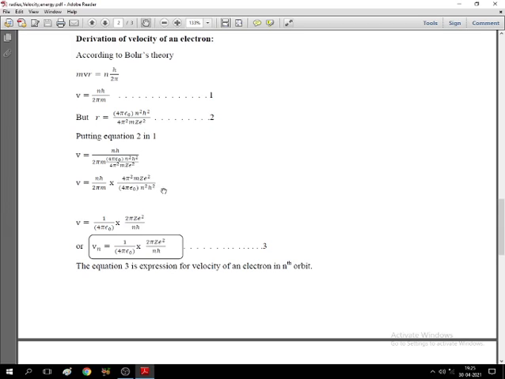आता इथं काय कॅन्सल होत आहे, तर इथं 2 कॅन्सल होणार, इथं 2च राहणार, पाय कॅन्सल होणार, फक्त पायच राहणार, म्हणून 2 पाय, m कॅन्सल होणार, हे m कॅन्सल होणार, z e square as it is, z e square as it is, right?